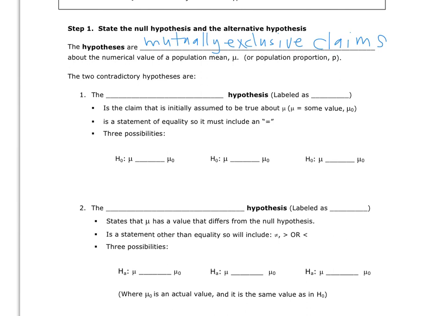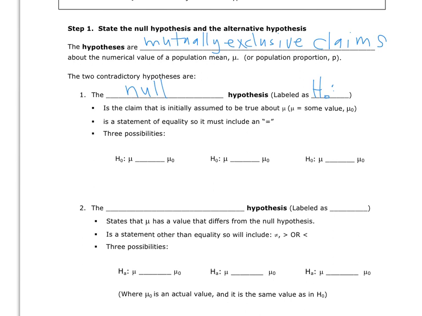So the two mutually exclusive or contradictory hypotheses are, well, first one is what we call the null hypothesis. And we label that as uppercase H for hypothesis and then a subscript of 0 for null.